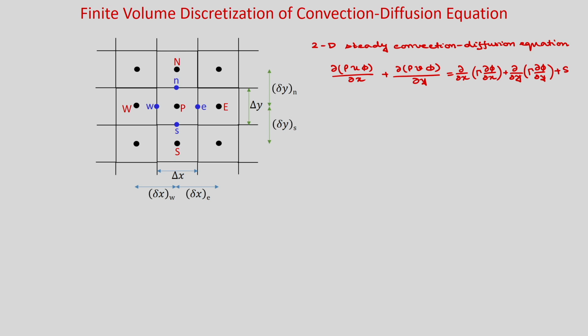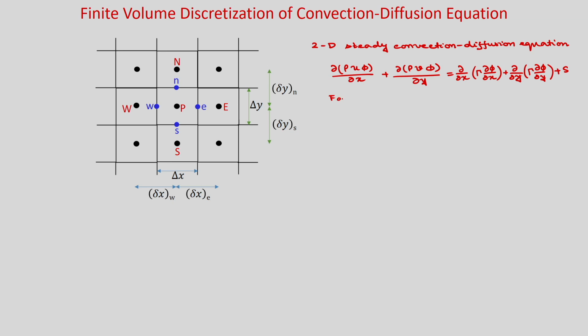So, we have written this governing equation for a general variable phi, and u and v are the velocities in x and y direction. If velocities are known, obviously this equation is linear. So, for known velocity, the above equation is linear.